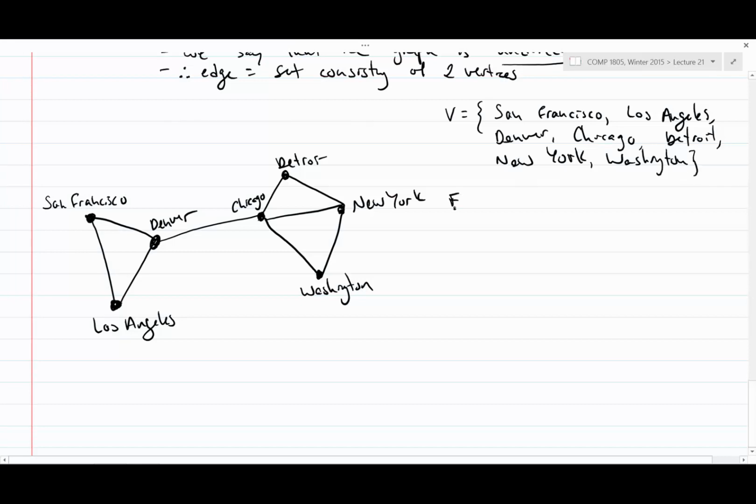And then the edge set, well, to specify an edge, we need to specify both endpoints, or both vertices that are on that edge. And we can do that, because direction doesn't matter, by specifying them as sets. And we sort of want to be able to do that, because going from Denver to Chicago is the same as going from Chicago to Denver. You use exactly the same edge.